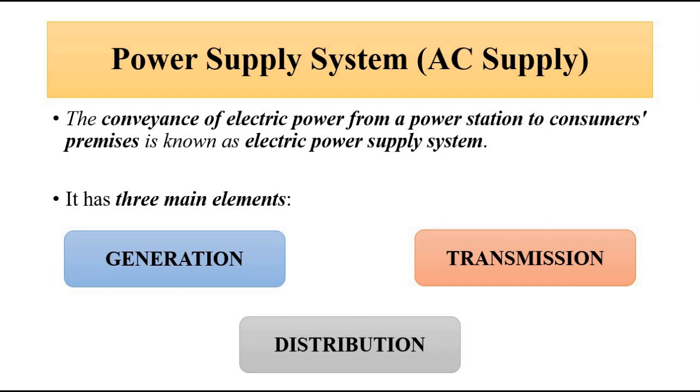consumers. For example, household localities, households, they have different power requirements. Industrial purposes have different power requirements.